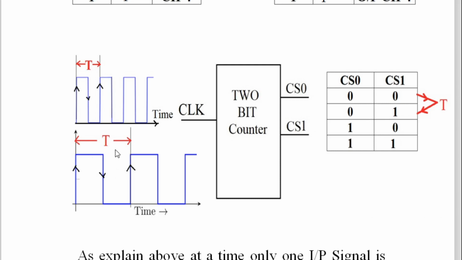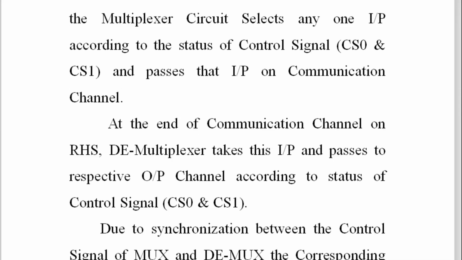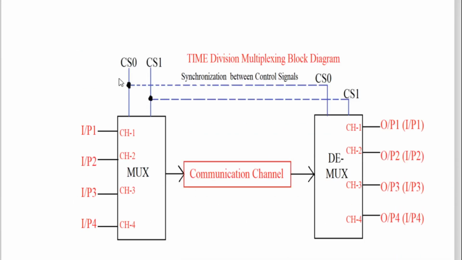Now if you apply a clock which has a long time period, you can easily understand that 00 or 01 or 10 or 11 remains for a long time. We are applying this output of the counter as a control signal to the multiplexer.